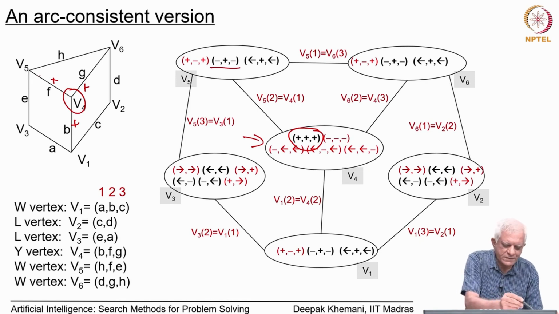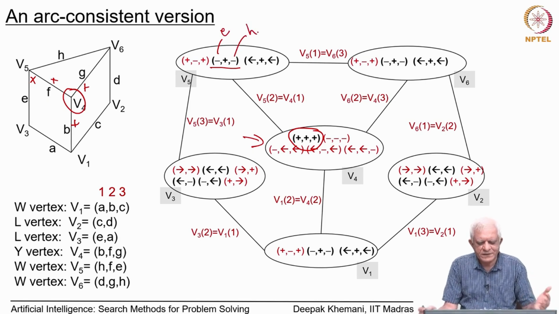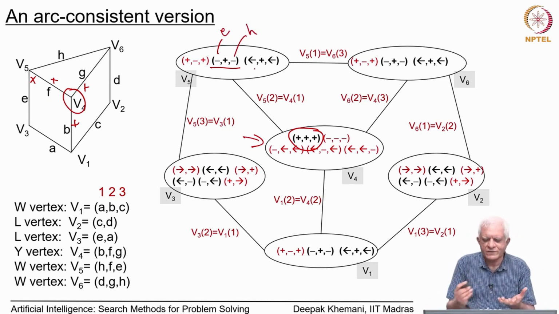The middle one must be positive, but the other two, which is E and H, can either be arrows, which means that these objects are hanging in the air, or they can be minus, which means that they are placed against a wall or they are part of a larger object, which we cannot see in this figure essentially.